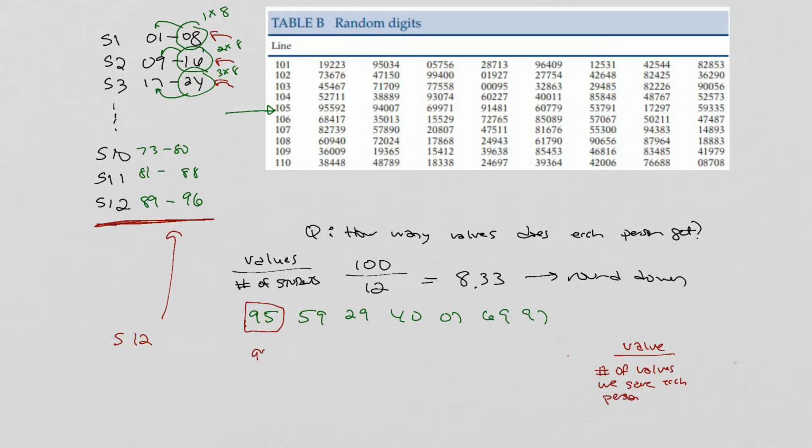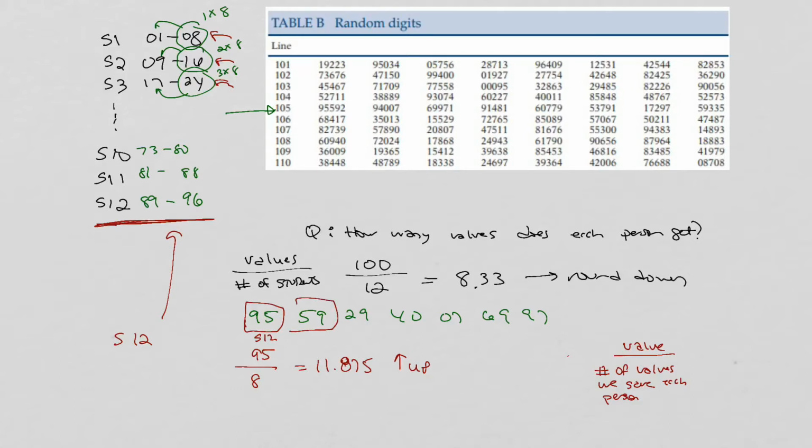In this case, I'm going to take 95, and I gave everybody 8 numbers, so I'll divide that by 8. 95 divided by 8 is 11.875. If it divides out evenly, that's who you use. Otherwise, you round this up. So this represents student 12.